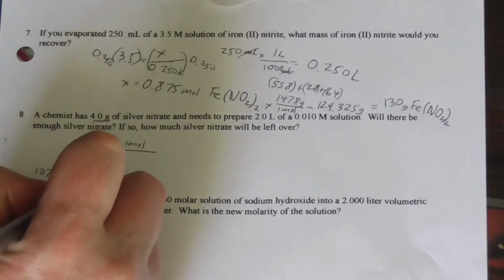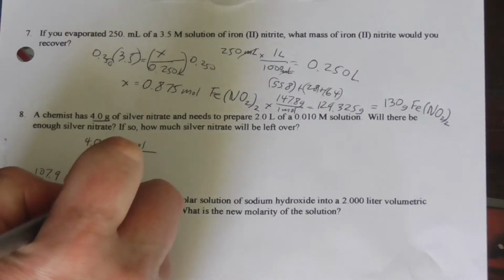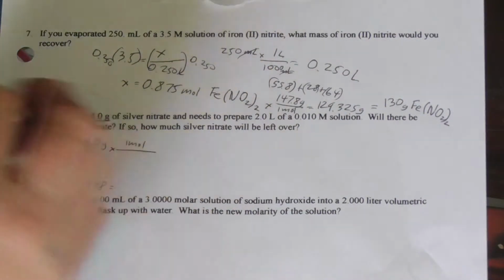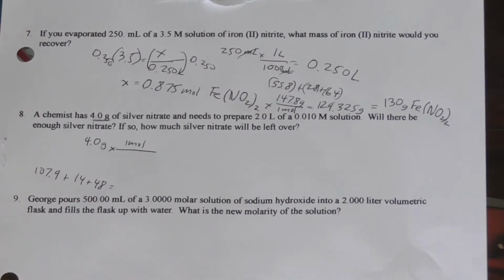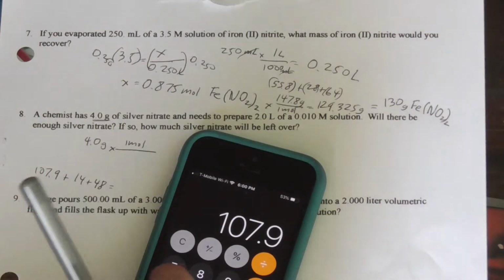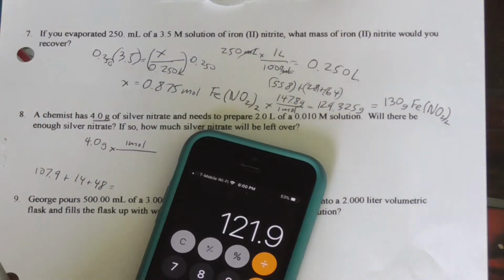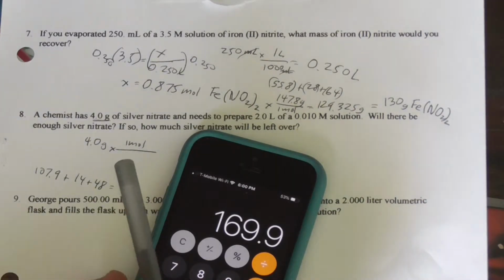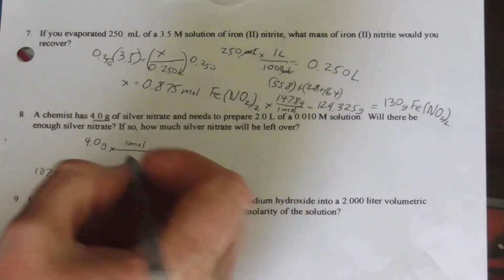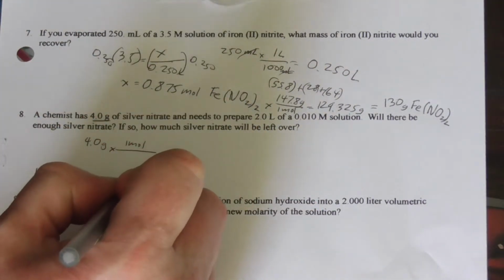Plus 14 for nitrogen, plus 3 oxygens is 48. That means 107.9 plus 14 plus 48 equals 169.9, basically 170.